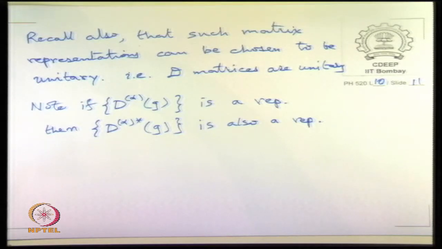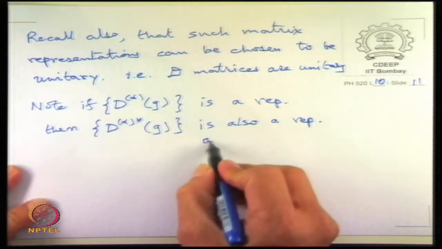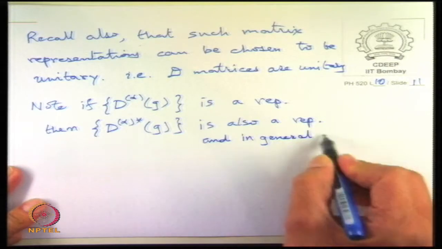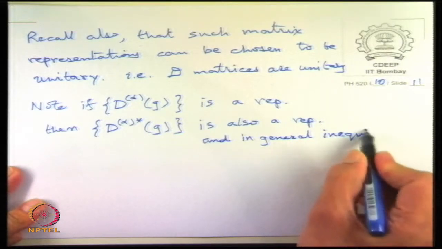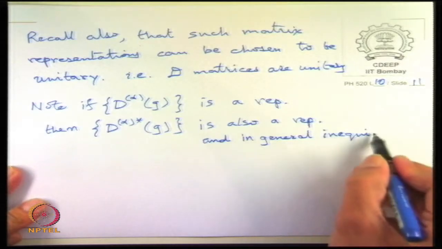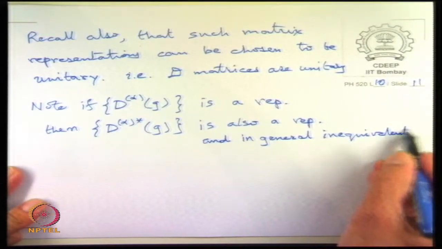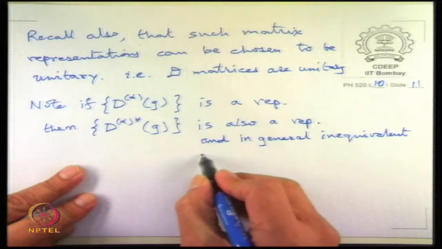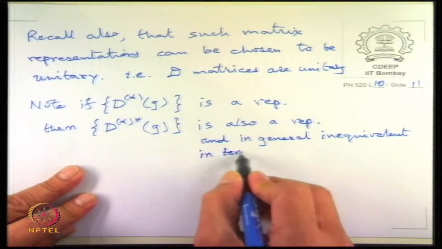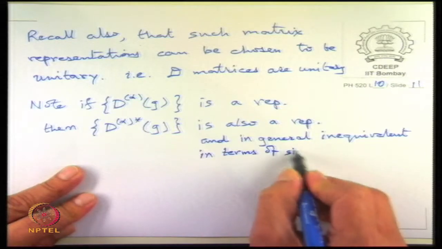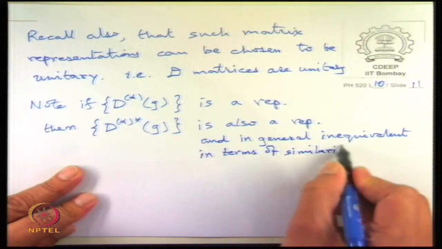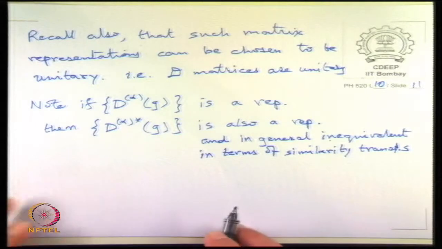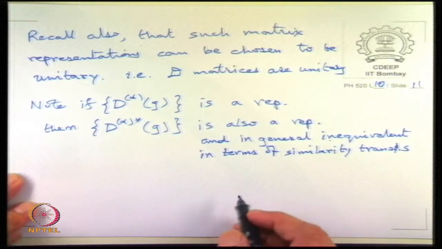So they are inequivalent. In general, inequivalent, in that it cannot be brought to D by a similarity transformation. And it is called the conjugate representation.